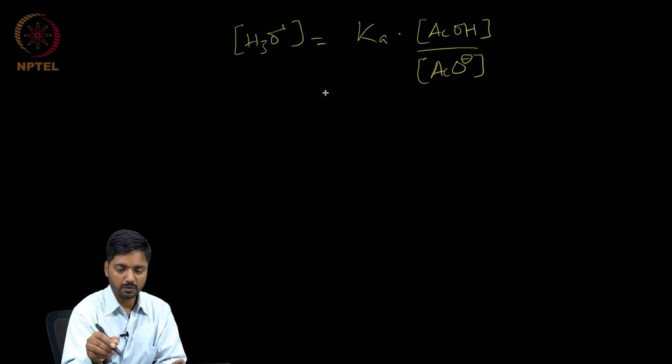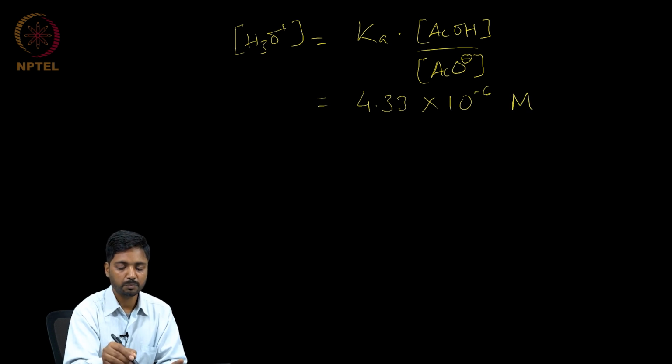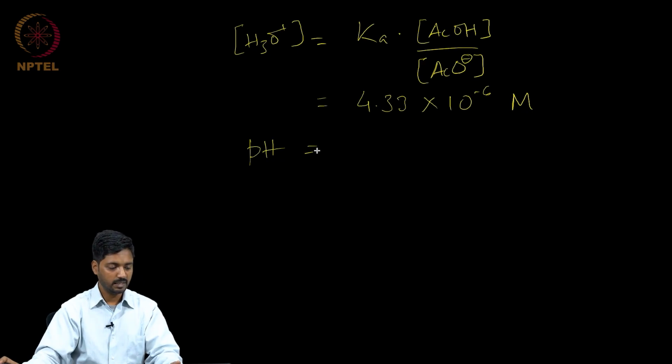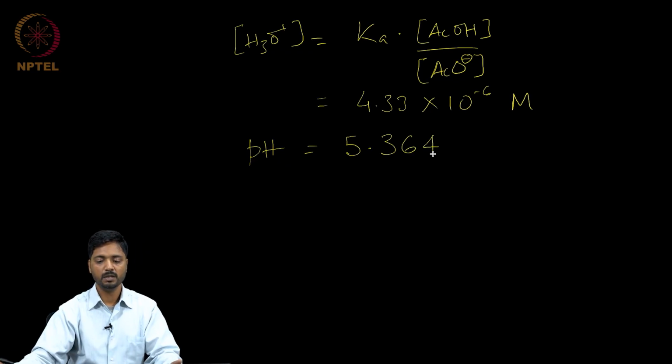This solves out to be 4.33 times 10 to the power of minus 6 molar, and from here the pH value can be calculated, and the pH has already risen to 5.364.